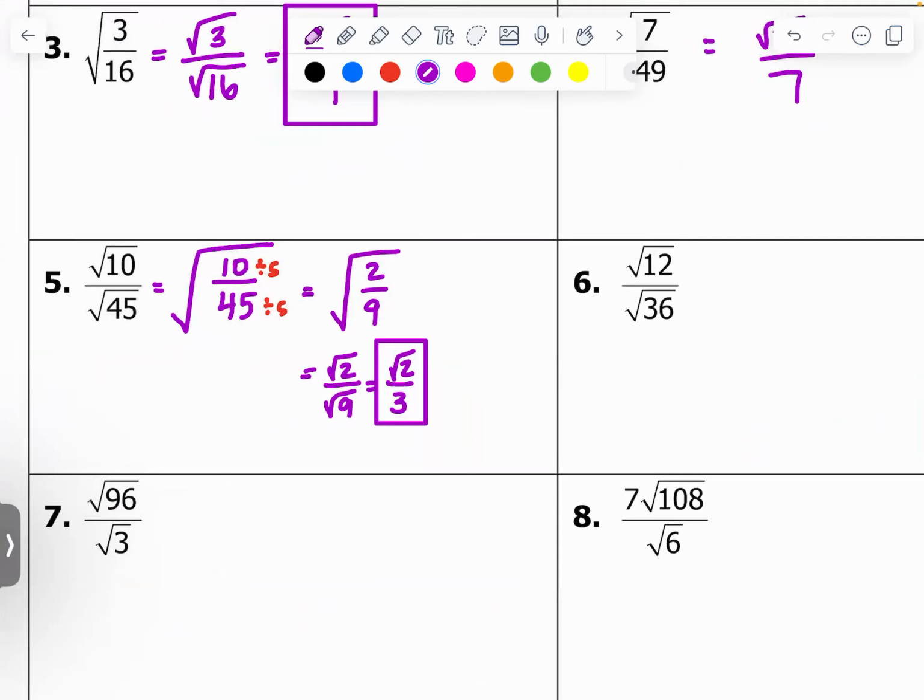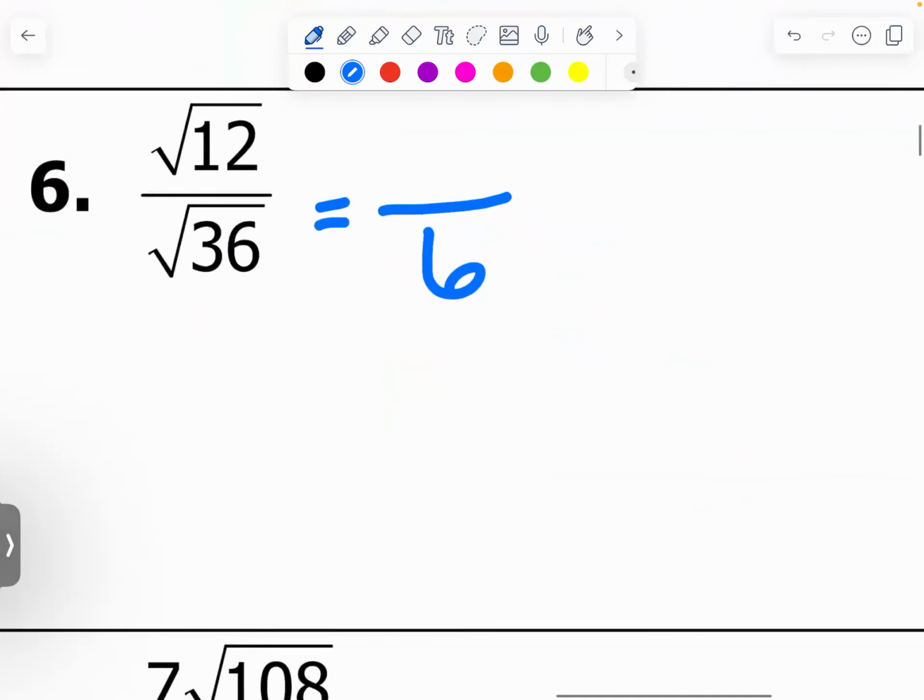So I don't think it would be helpful to reduce our fraction of 12 over 36, because I know that the square root of 36 is 6. It's still radical 3. So 12 is 4 times 3, right?